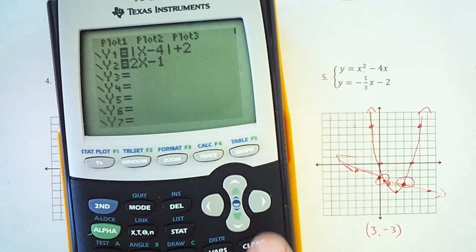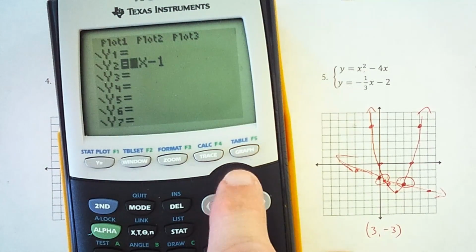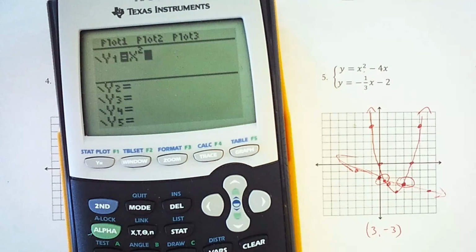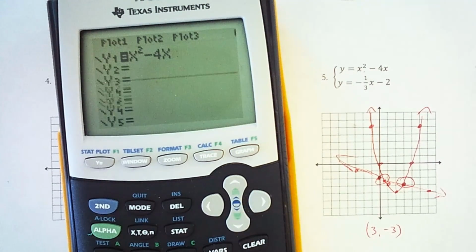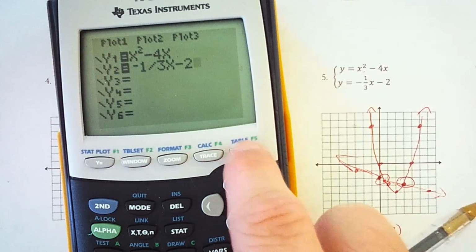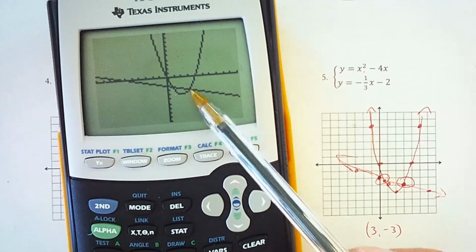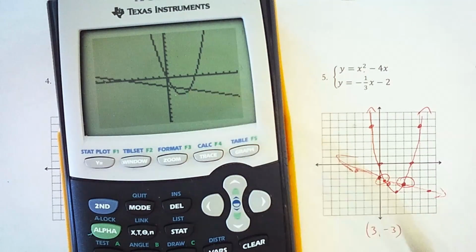Okay, then our next line, y equals clear, clear, and x squared minus 4x, and negative 1/3 x minus 2, and graph. And we can see 2 points of intersection here and here. Now let's get this one first. We know this one.